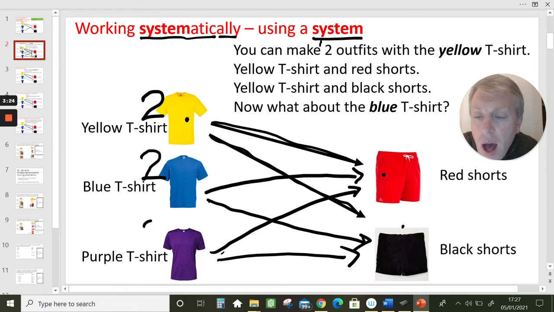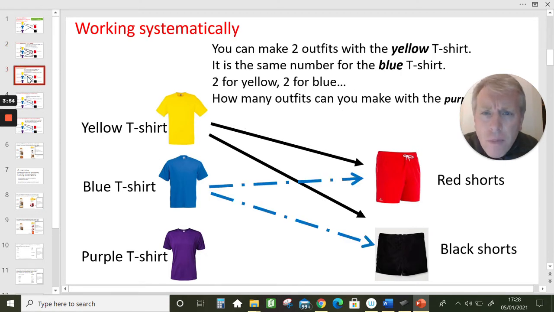So I'm working out for each top how many combinations. I'm seeing what the combinations are. I'm writing down 2 combinations starting with the yellow, 2 combinations starting with the blue, 2 combinations starting with the purple t-shirt. So now my question is, is it starting to look like a multiplication problem?